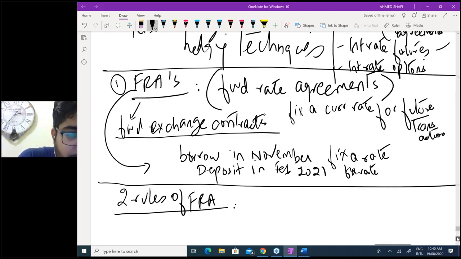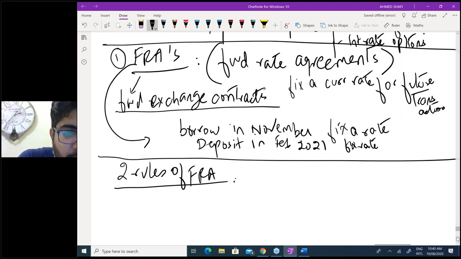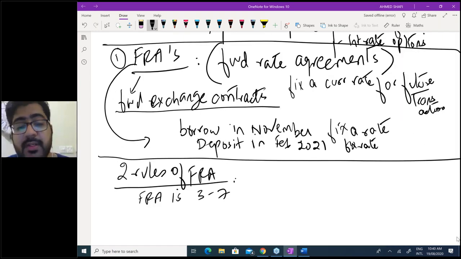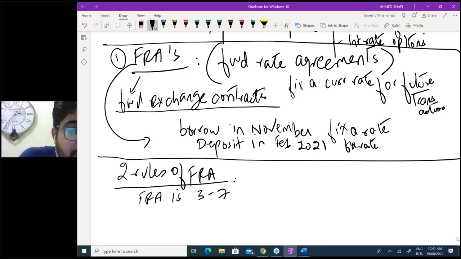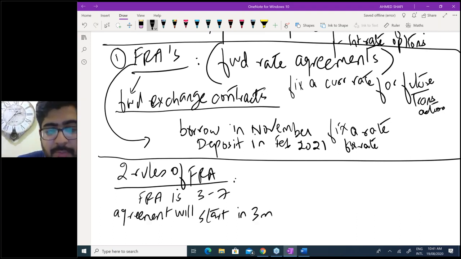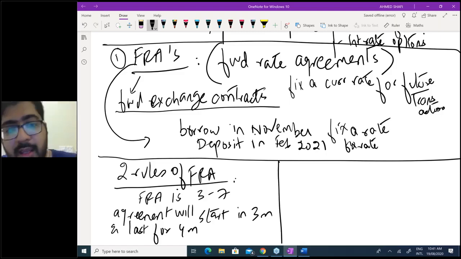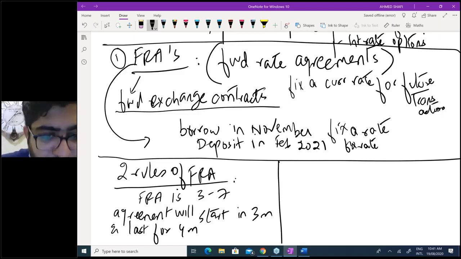Rule number one, if it's written FRA is 3-7, what is the meaning of this? If it's written FRA is 3-7, it means the agreement will start in 3 months. The first digit is the starting time period. The agreement will start in 3 months. And the lasting period is denoted by the gap. It will last for the gap, 4 months.